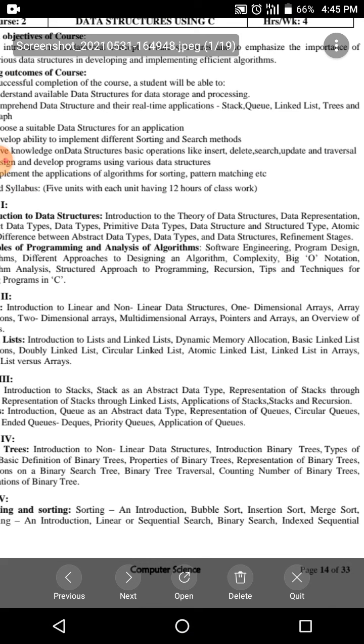How the data is arranged in the memory might be in a linear fashion or in a non-linear fashion. These are the different types. By the different types, we have divided the second, third and fourth units. So the types will be discussed from the second to the fourth unit. We will discuss the next topics in the next session.